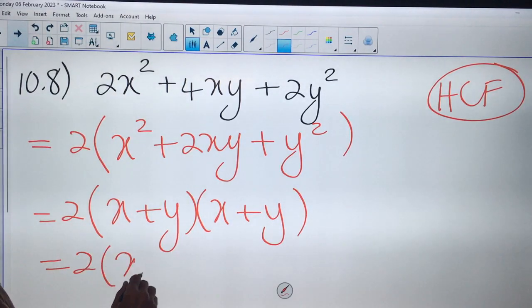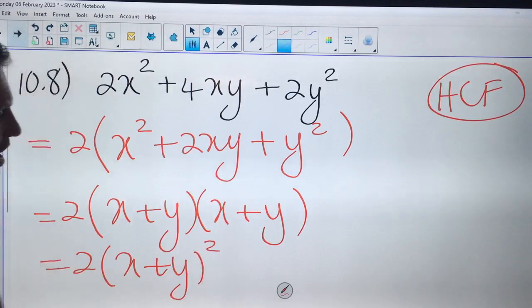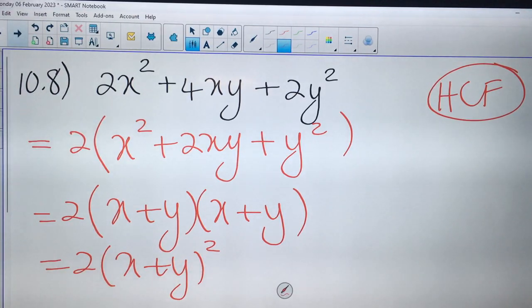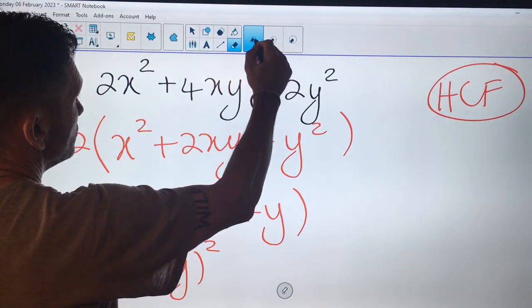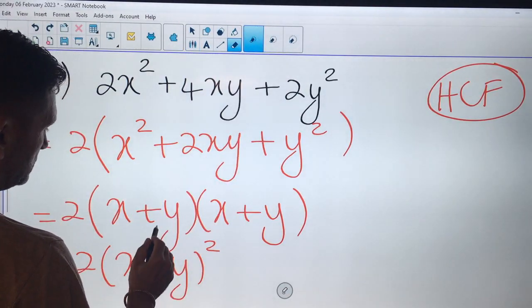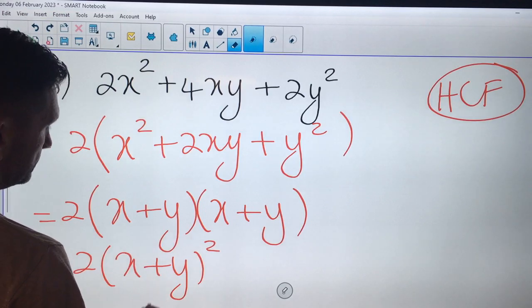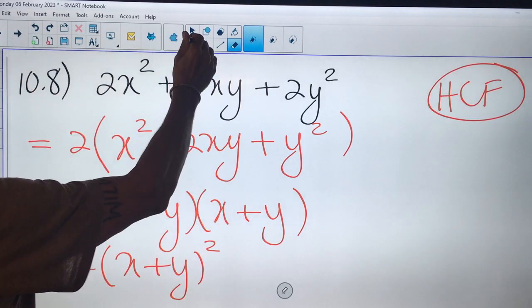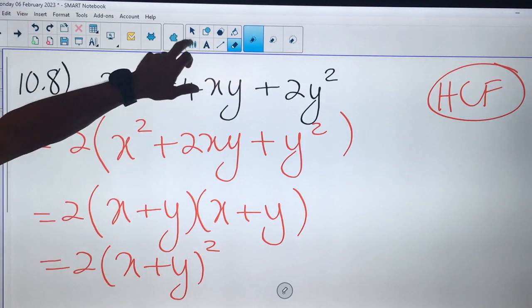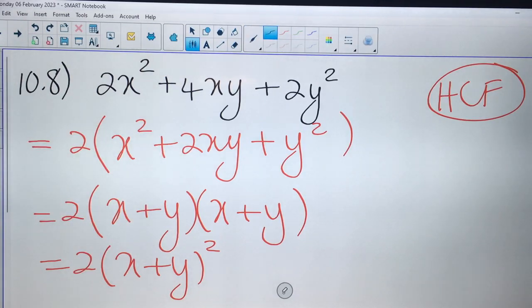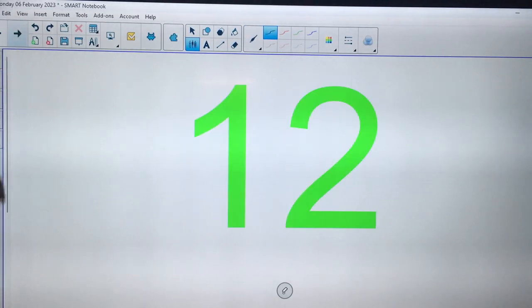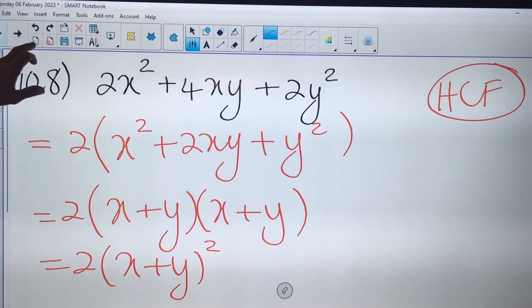And we're going to write the brackets twice. I know factorization is very daunting in grade 10. It takes really a while for you guys to get the hang of this. And that was the last one.